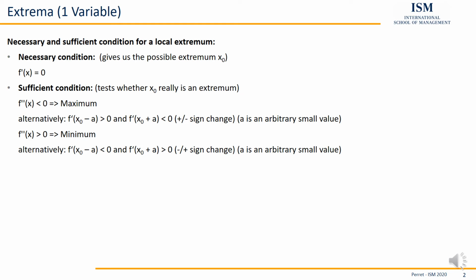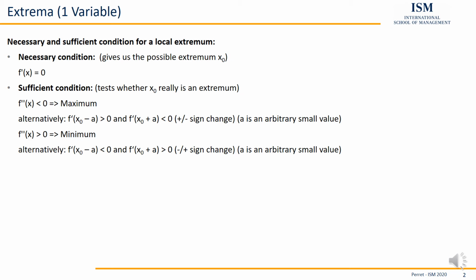However, we still have an alternative to go with. The easiest one is we take the first derivative and actually do what I described earlier. So we take a value slightly to the left and another one slightly to the right of our potential extremum, and we check what their slope is.